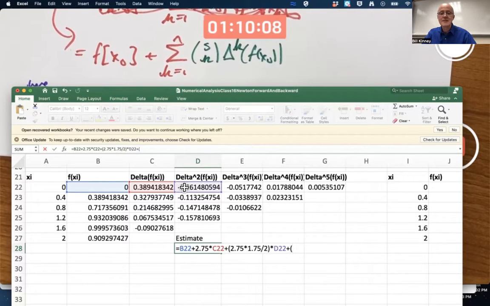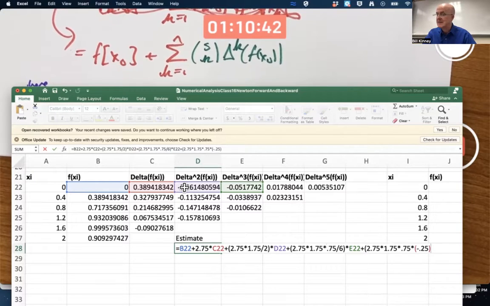next, k is 3. S choose 3. S times s minus 1 times s minus 2 over 3 factorial. 2.75 times 1.75 times 0.75 divided by 6 times D22. Then k is 4. S choose 4. 2.75 times 1.75 times 0.75 times negative 0.25.